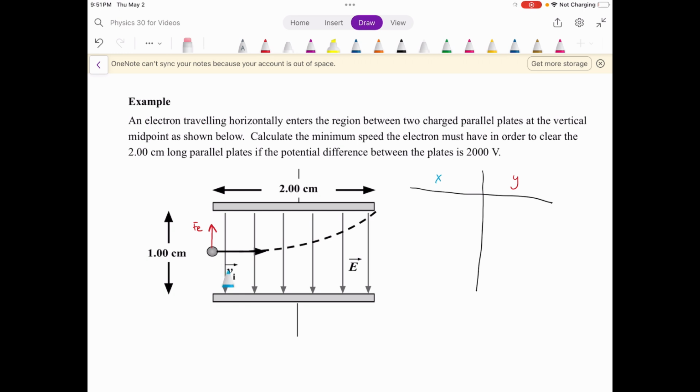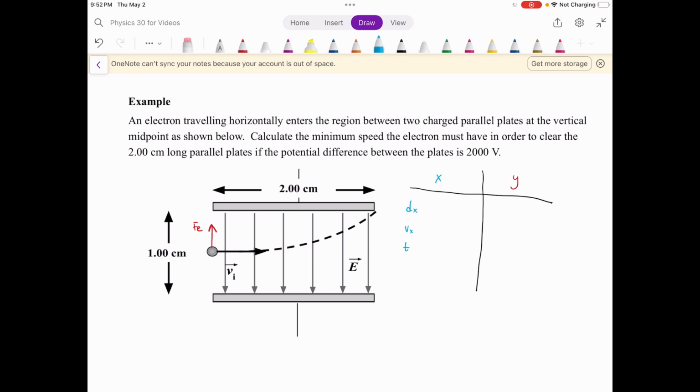I mean, we could, but the initial x velocity is the same as the final x velocity because the acceleration in the x-axis is 0. Right? Because the net force in the x-axis is 0. So in the x-axis, we can actually just get away with v equals d over t, because that is what's happening, right? Horizontally, it is just covering the same displacement each second. Okay, it's got uniform motion in the x-axis.